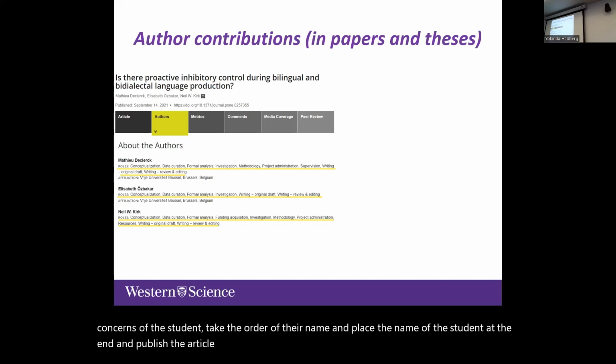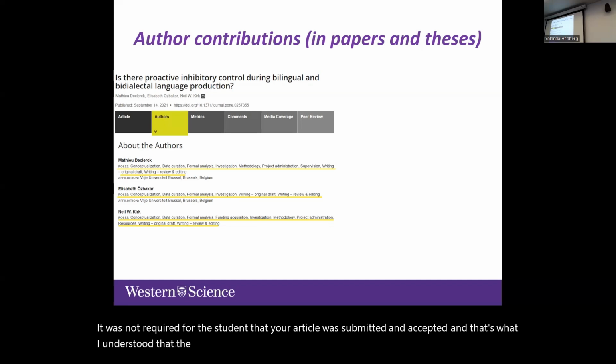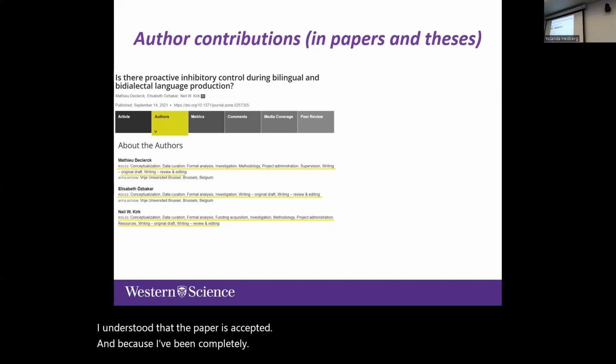After the acceptance, it was notified to the student that the article was submitted and accepted, and the student understood that the paper was accepted. Because of the conflict, they didn't follow up with the supervisor because they thought the supervisor would not change the order of the names. But when the article was published, they saw that their name, as the first writer of the draft, had moved to the last place.